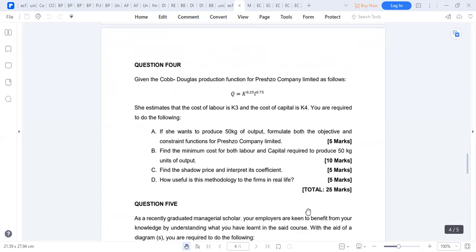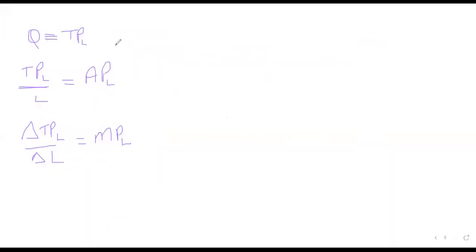All right, okay, so now I can go back. Are you able to see this? Yes, I'm able to see now. All right, so our quantity is the same as the total product of labor. When you divide the total product of labor by the labor units, we call that average product of labor. The change in total product over change in labor units is called the marginal product of labor.